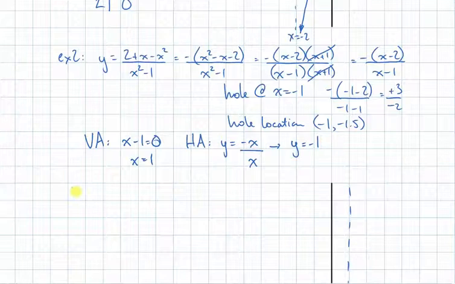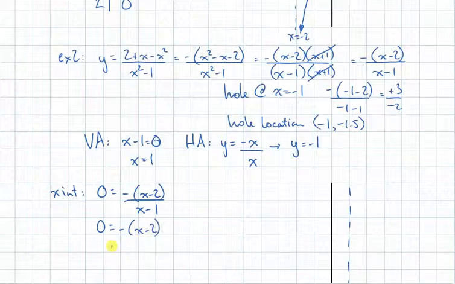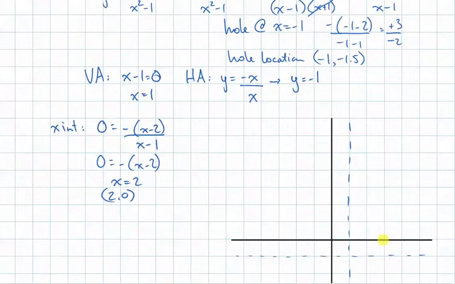Okay, let's get the x-intercept. That's where y equals 0. I'm going to use the simplified expression for that. So that's going to happen where 0 equals negative x minus 2, or where x equals 2. The point 2 comma 0. Let's plot it. Right there.